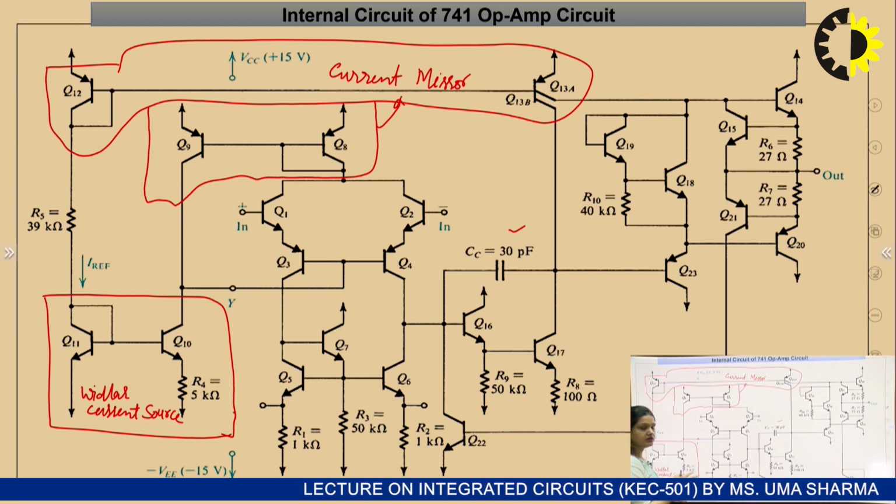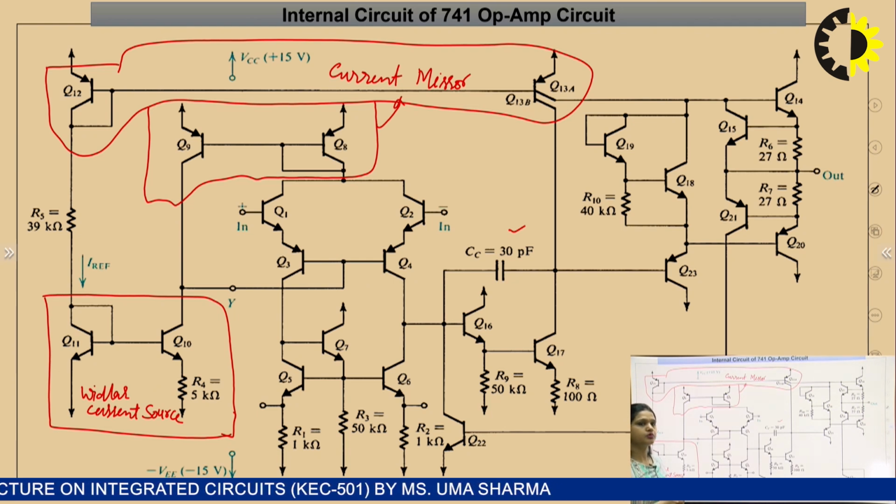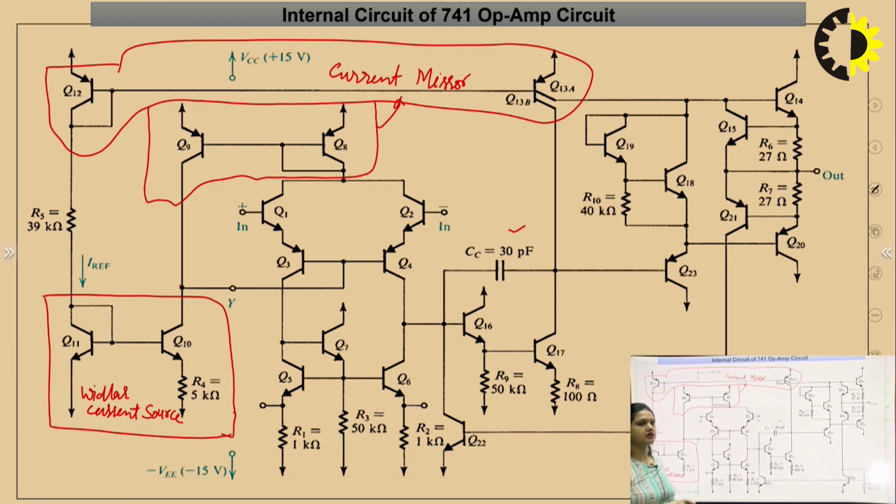So these are the current sources which are used to bias the IC or to generate the current, so that the required current can be provided to the input stage, intermediate stage and output stage. From these you can see that the Widlar current source is generating a current which is provided to another stage. Similarly, the Q12 and Q13 transistors are forming a current mirror and generating a current which is provided into 2 different circuits.